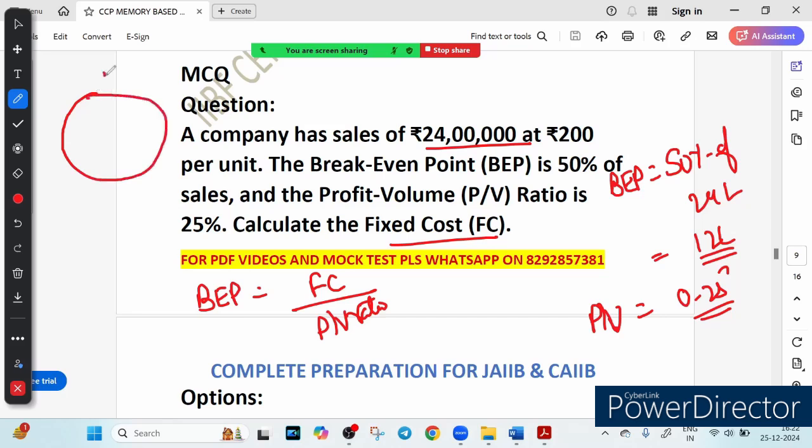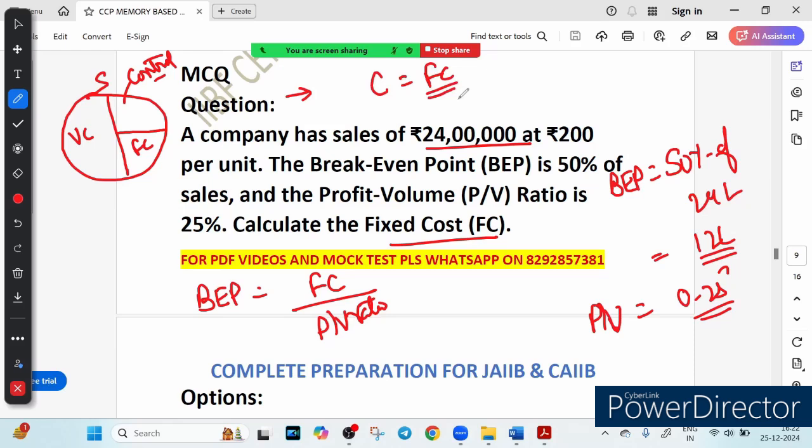Suppose this is our sales. One part of the sales is variable cost, you know very well, and the other part of the sales is called contribution. Inside contribution you will get two parts: one is the profit and the other is the fixed cost. At BEP, no profit is there, so contribution will be equal to fixed cost.